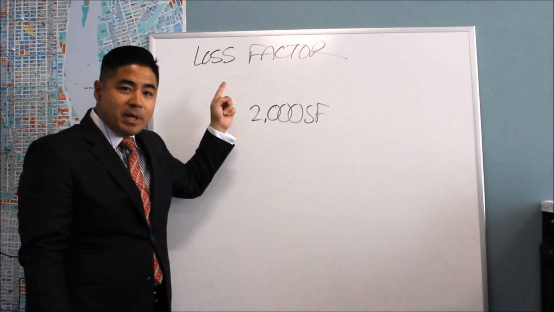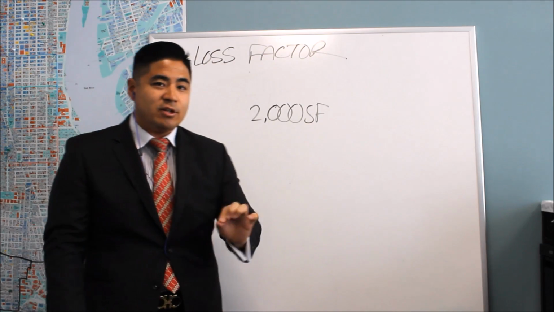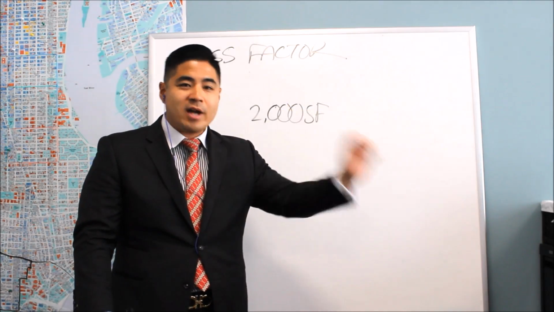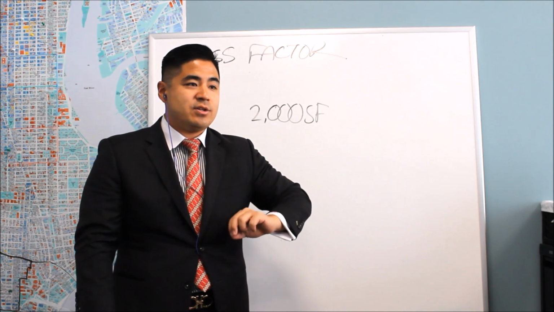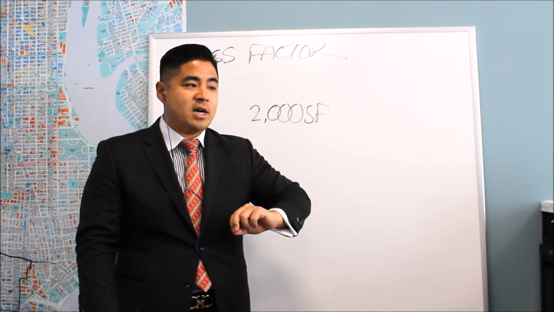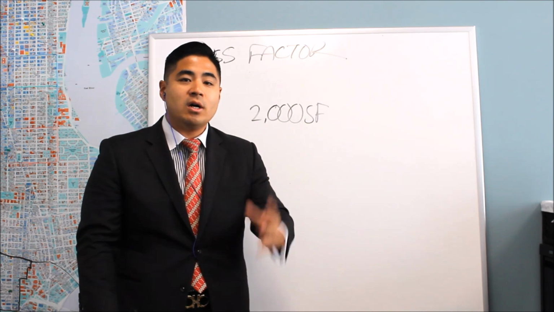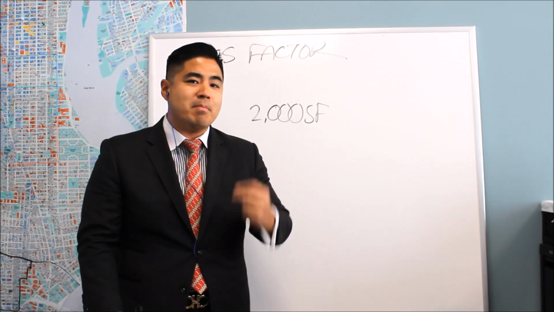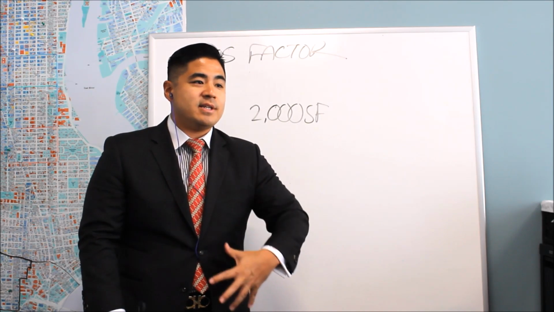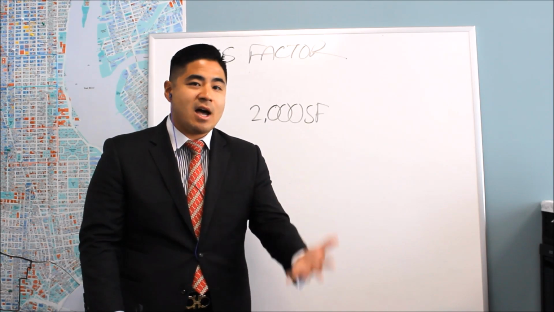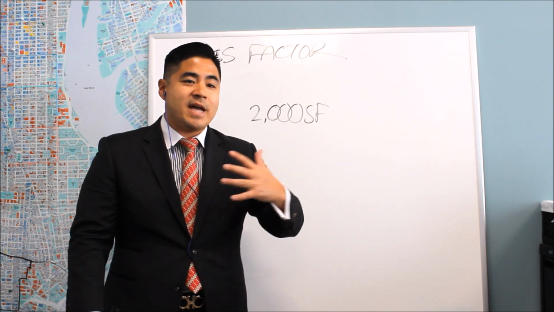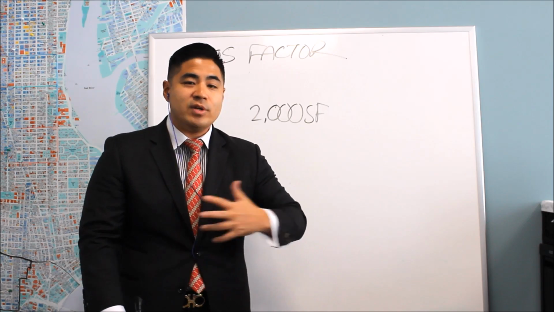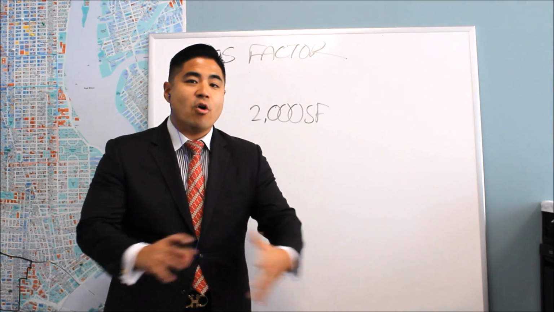So every building in Manhattan has a little bit different loss factor. For example, if you are at Rockefeller Center in a glass tower, in a Class A office building, the loss factor is much, much greater, because it takes into account a massive lobby, a lot of tenant spaces, there may be a plaza, there may be retail space for the whole community.